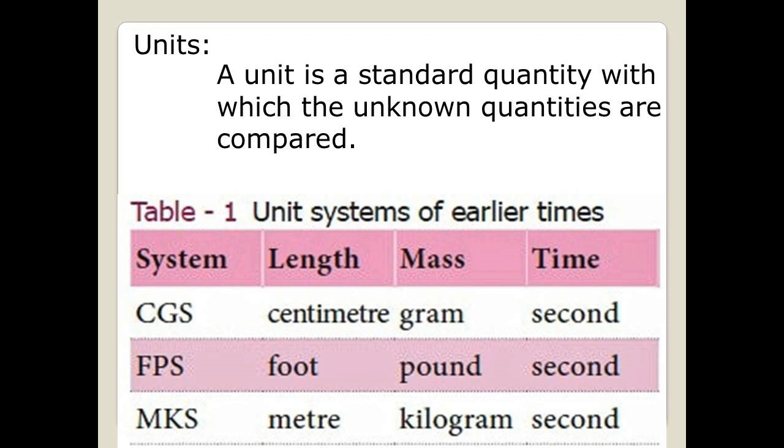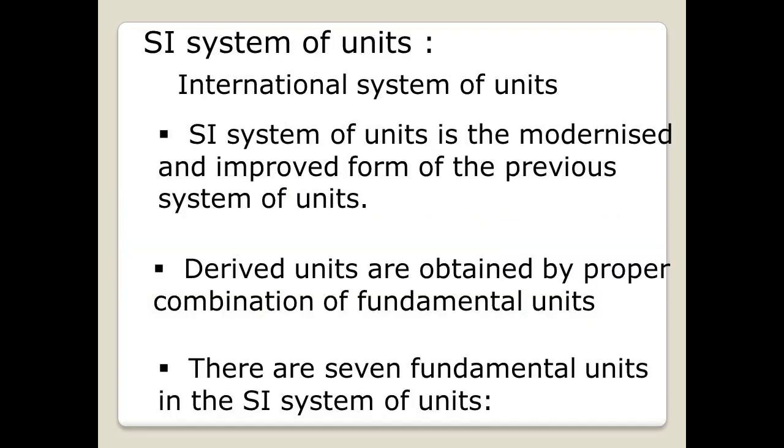In the FPS system, foot is the unit of length, pound is the unit of mass, second is the unit of time. In the MKS system, meter is the unit of length, kilogram is the unit of mass, second is the unit of time. But still there were problems in their calculation and conversion.